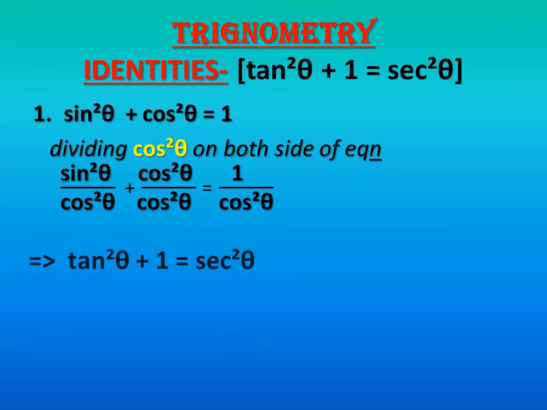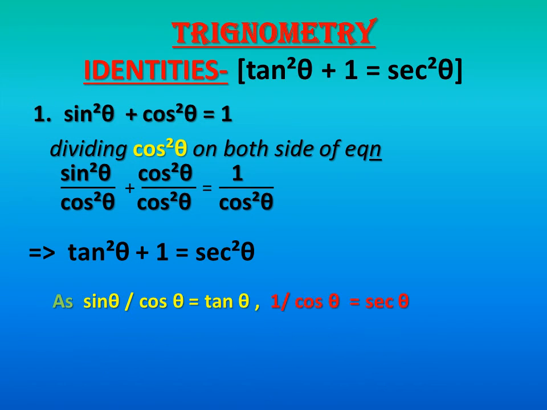After that, what do we get? Now we have learned that sine upon cos is equal to tan theta. Since both are squared, we get tan square theta, and cos square theta gets cancelled, and 1 upon cos square theta is equal to sec square theta. How do we get this? As sine theta upon cos theta is equal to tan theta.